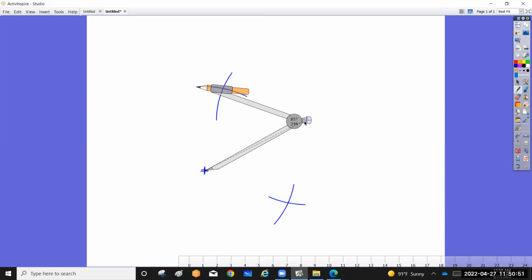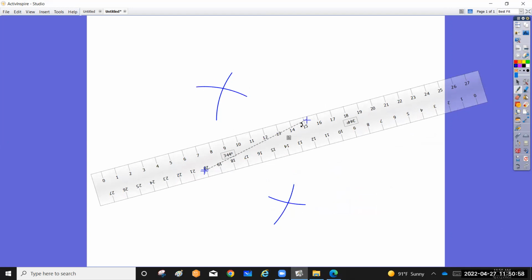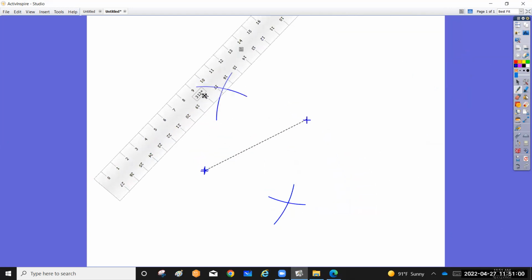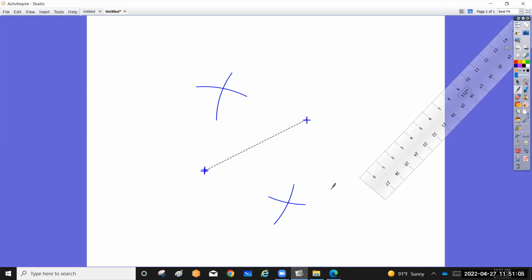Now I have the points of intersection of the arcs. You can join the points together using a ruler. Match this point and this point. Sorry, this is just a rough drawing. You can use a ruler to draw it, because the electronic ruler here does not help me.